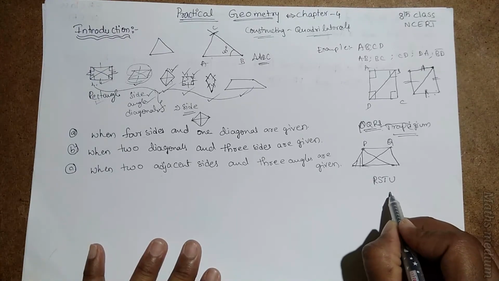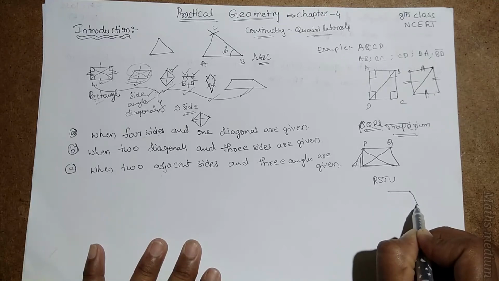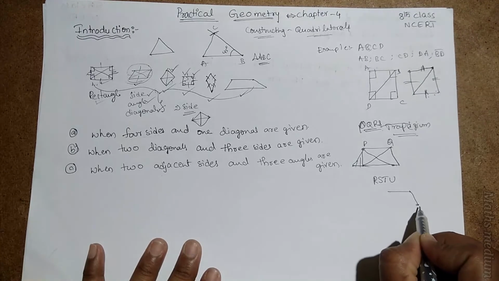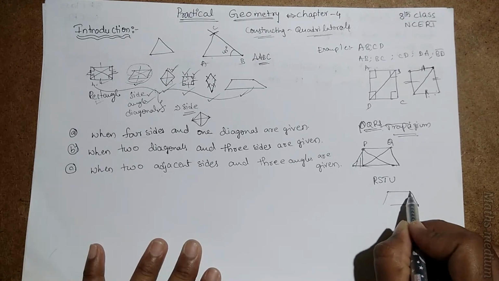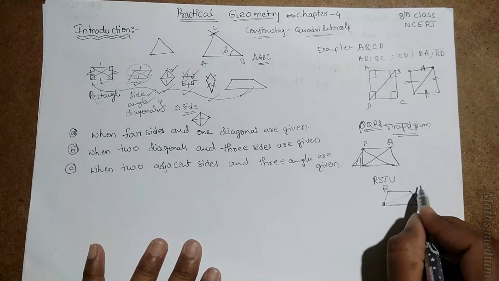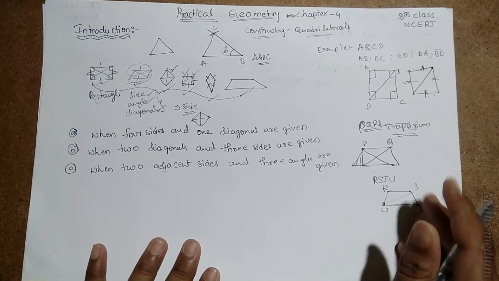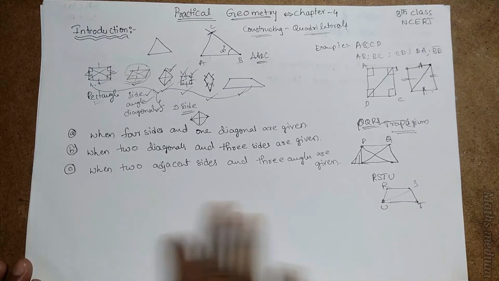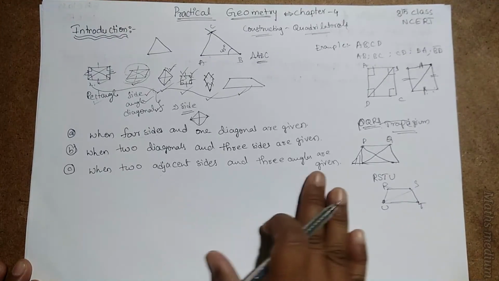So here construct with the 2 adjacent sides and make 3 angles from here and here, like this, and another angle also from here. So here we get a point. So this is RSTU. This is one type of construction when 2 adjacent sides and 3 angles are given.